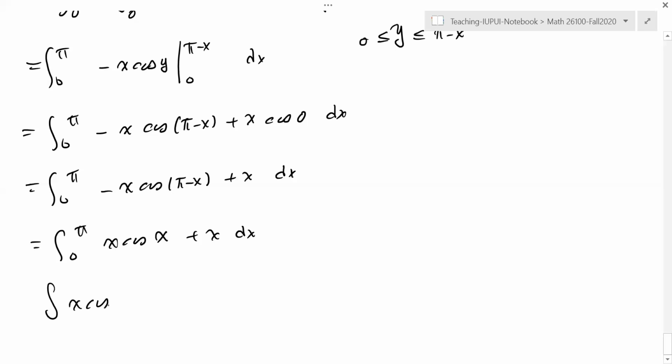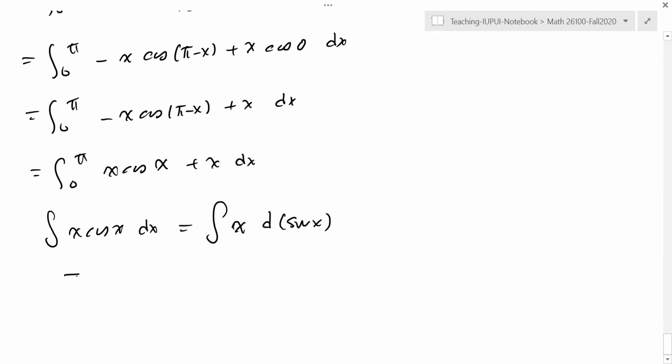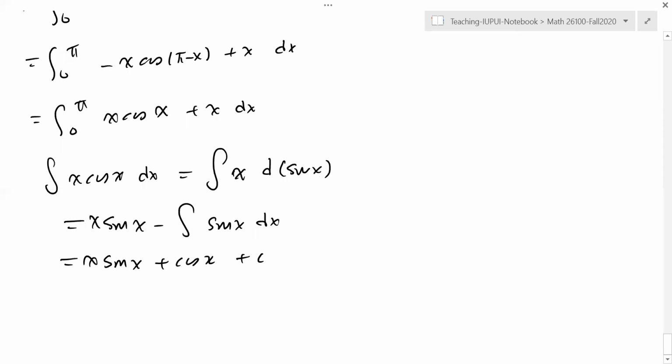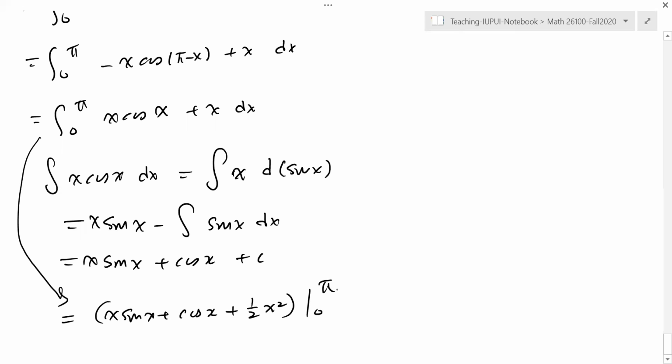The integral of x cosine x dx is x d sine x, so that will be x sine x minus the integral of sine x dx, which is negative cosine x. So this is an antiderivative. Then you go back to here: that will be x sine x plus cosine x plus half of x squared, evaluated at the two endpoints.